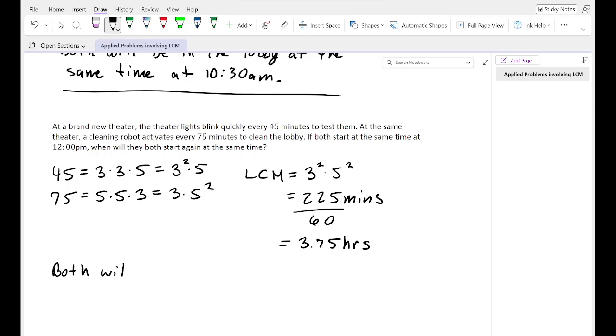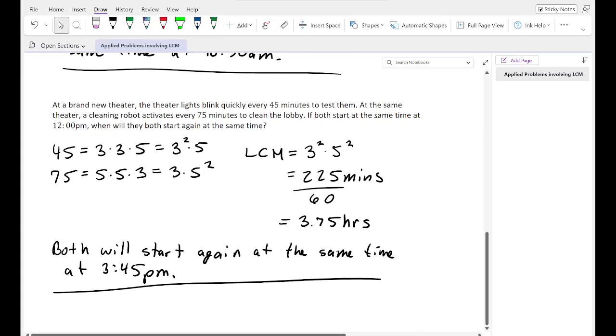Both will start again at the same time at 3:45 p.m.